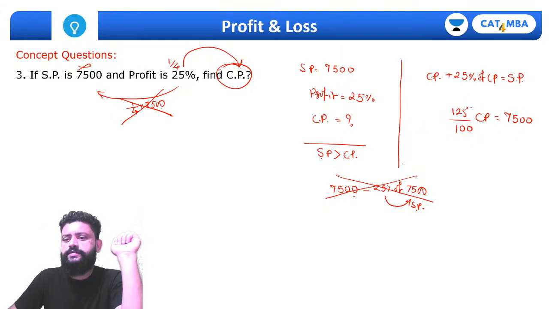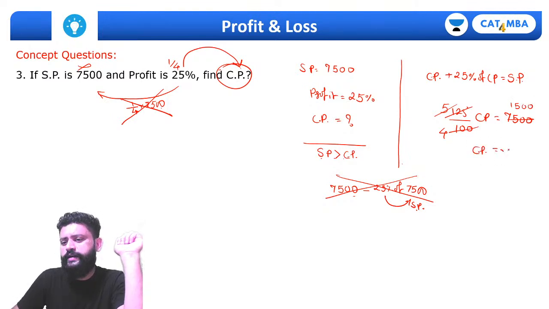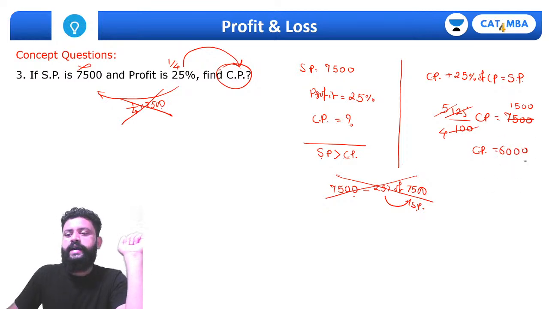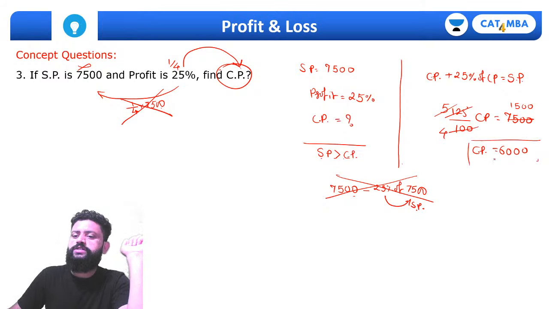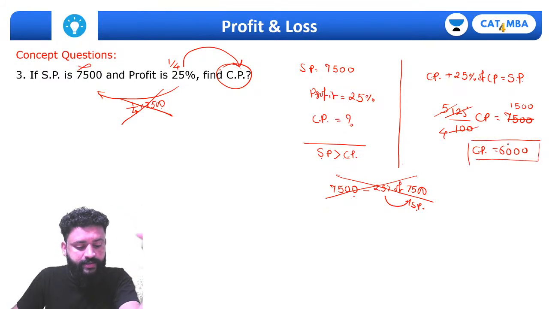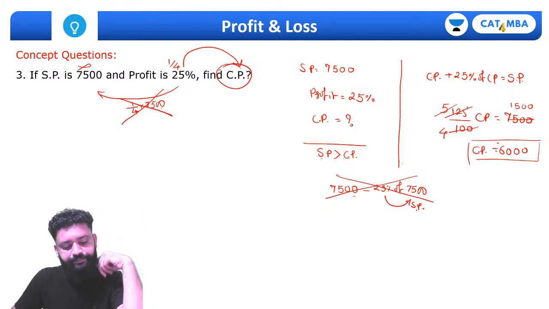You solve this, 5 से कर देते हैं, यहाँ पे आएगा 1500 into 4 कर दो, 1500 into 4 आएगा 6000, right? So cost price of 6000, and if we add 25% of 6000 to it, yes, right Shivam?